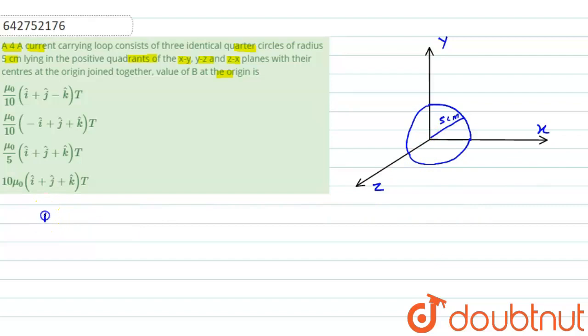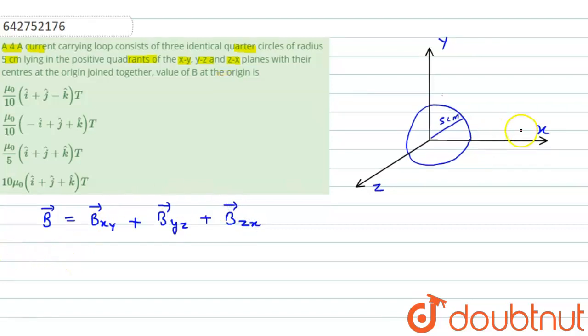So we can write that the magnetic field at the center will be equal to B_xy, that means the magnetic field due to the xy plane, plus B_yz, and similarly plus B_zx, as vectors.